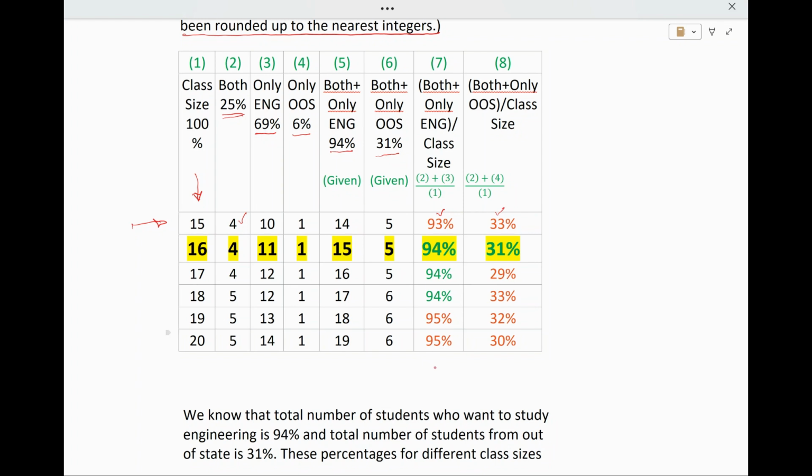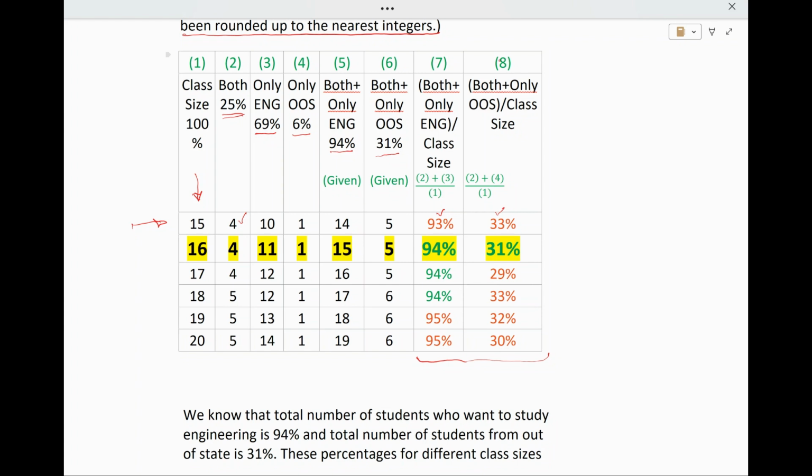Let us concentrate our attention on the last two columns, which give as a percentage the students which are both plus only engineering, and that varies from 93%, 94%, 94%, 94%, 95%, and 95%.